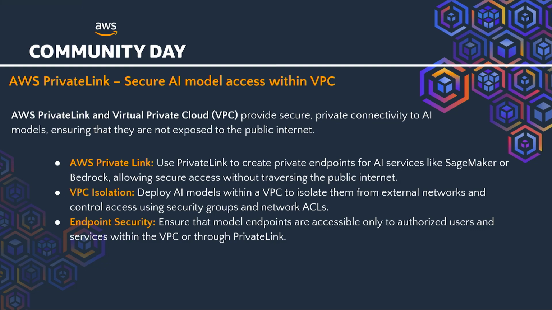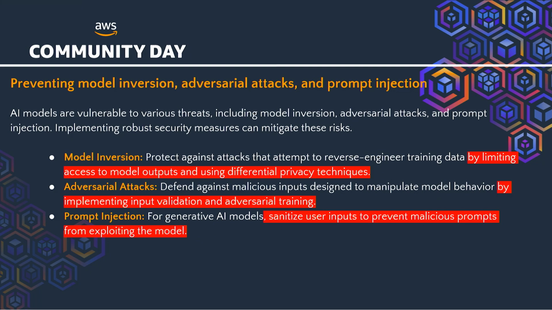We deploy VPC isolated so that it's not with other VPCs, and we can also secure using security groups and network ACLs. AWS PrivateLink is direct access to your data, and then your data is not exposed to the public internet.